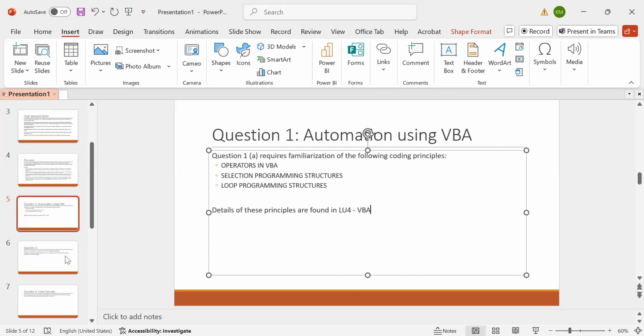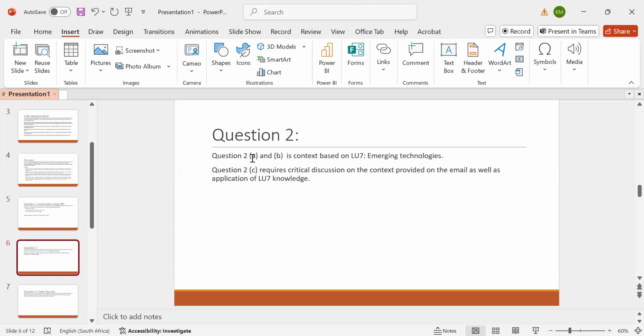So to do this question, question 2A and B is in context based on learning unit 7, emerging technologies. So if you have a better understanding of learning unit 7, it was easy for you to do this. Which means that because you have already read learning unit 7 and you know what augmented reality means, and you know what drones are, you then look at the answer, you make a comparison with what you read from the email.